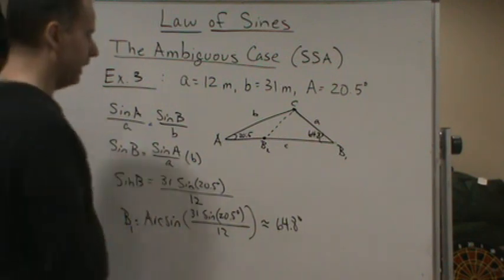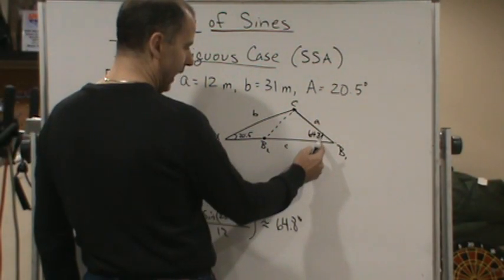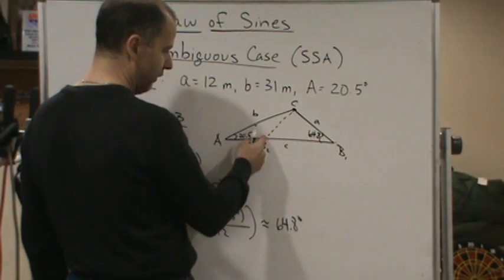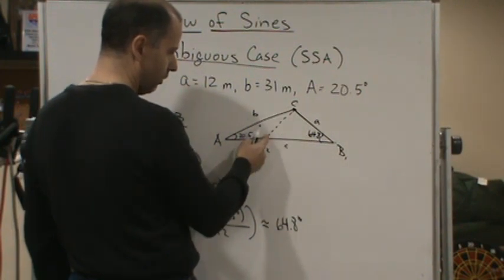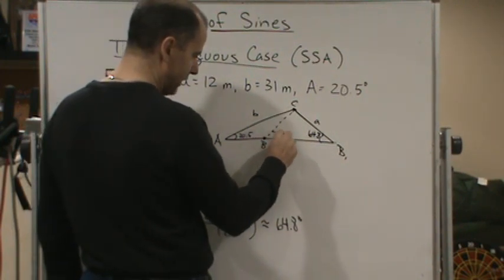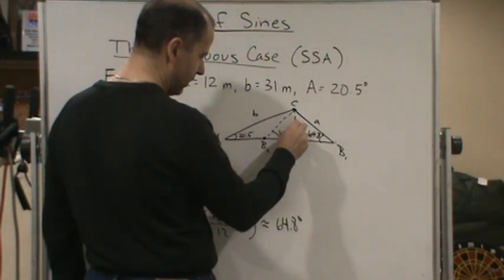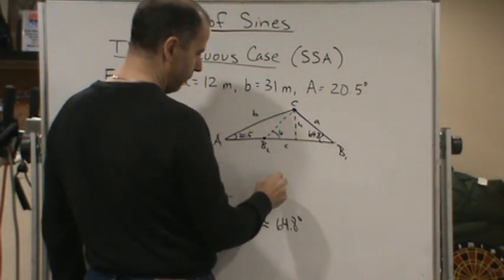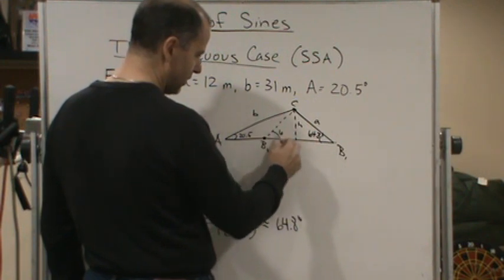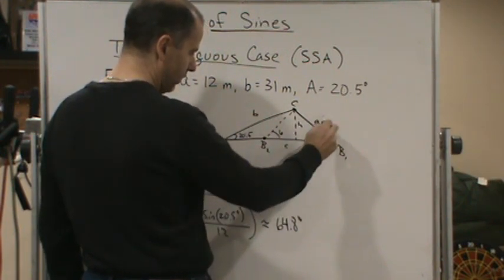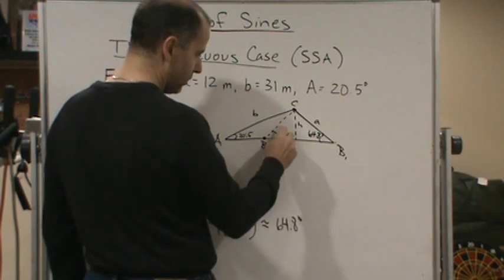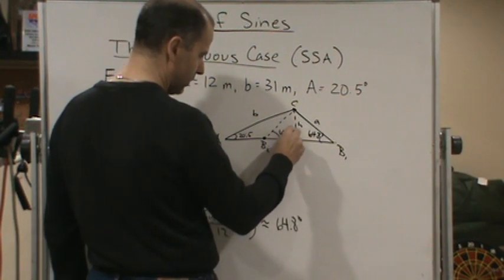Well, the other one is going to be the supplementary angle of this one, because again, it forms an isosceles triangle, right? So here's h, and if you think about the hinge that swings, the pendulum, it's going to make the same angle with the base. So this is going to be 64.8 degrees.